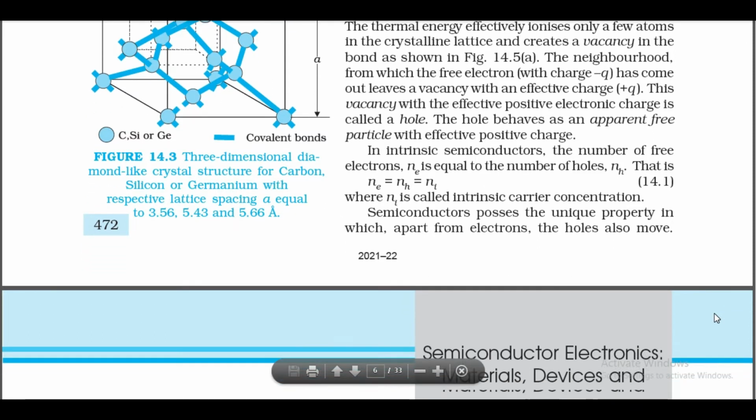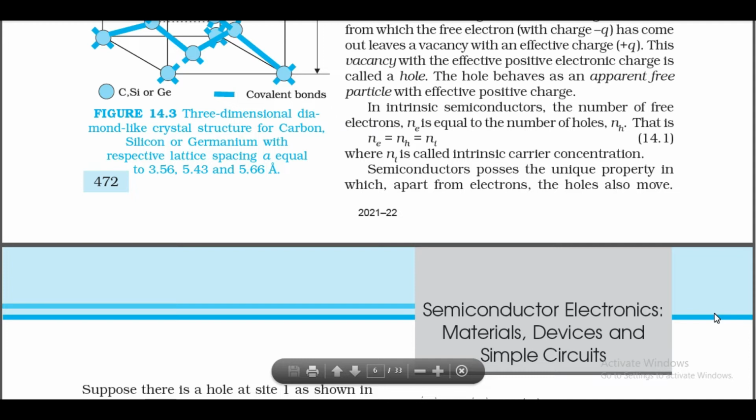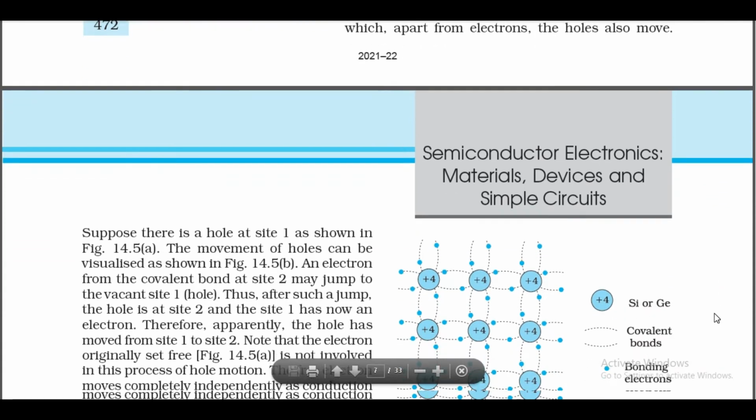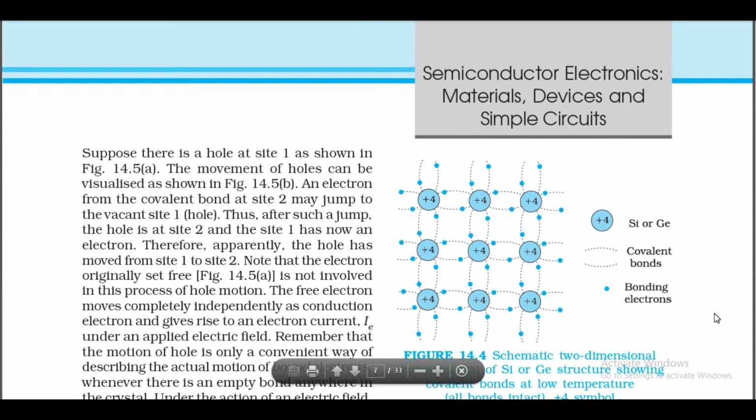A semiconductor possesses the unique property in which, apart from electrons, the holes also move. Suppose there is a hole at site 1 as shown in figure 14.5a. The movement of holes can be visualized as shown in figure 14.5b.